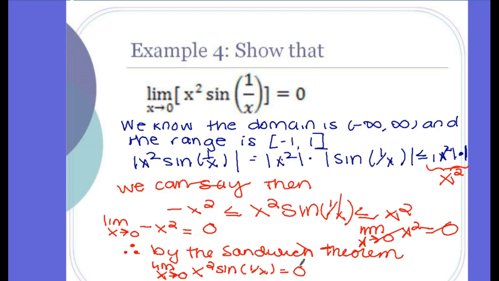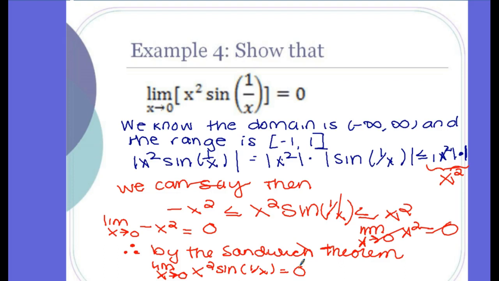Yes? So you mentioned how the range was between -1 and 1. But how do we know for certain that this function doesn't change that? So sine of 1 over x, even if you put in the maxes and mins for x, isn't going to change the range from -1 to 1, only because the sine output can't be greater than that.